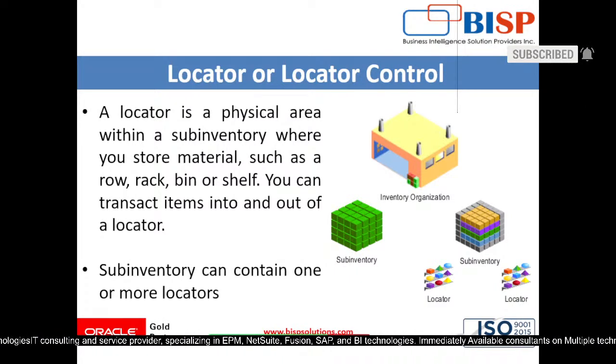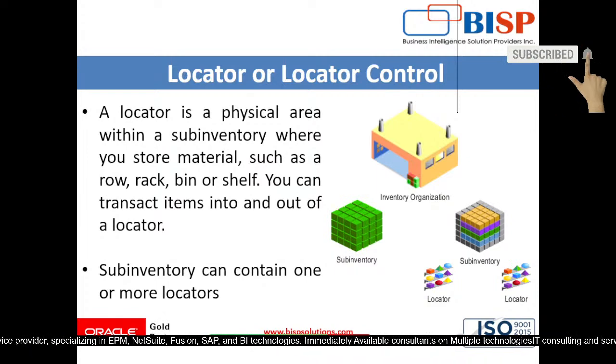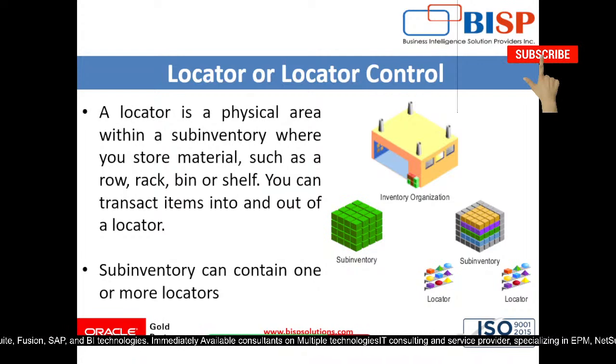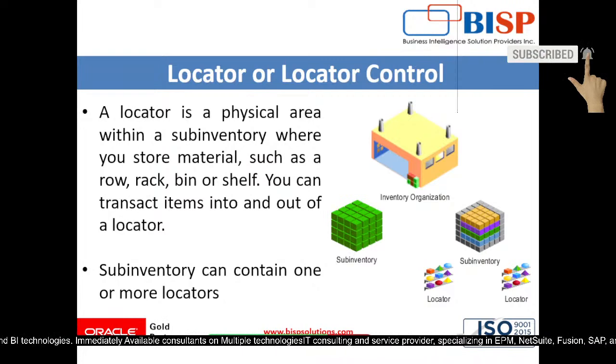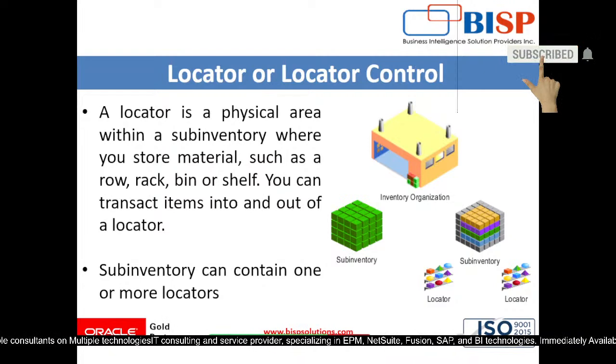Then we have to create the locator flex field structure, and after that we can create the structure instance. After creating the instance, we can create a row, rack, bin in these segment values. It is just the same as what we create in the finance part like the chart of accounts. So let's move to our instance and we'll see how to perform this locator setup in our application, right?